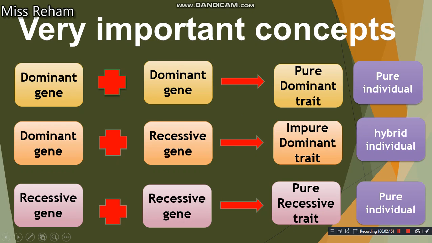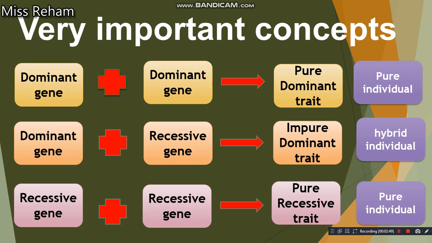On the other hand, who can tell me what's meant by hybrid individual? Hybrid individual. From this diagram in the second case. Yeah, it is the individual that carries different pairs of genes. One is dominant gene and the other is recessive gene.